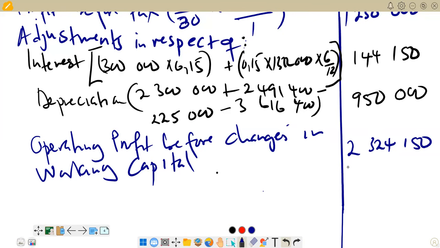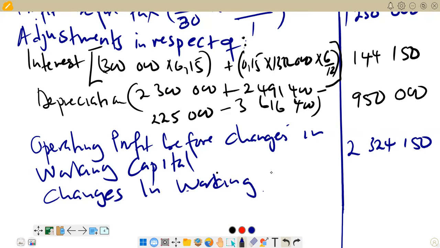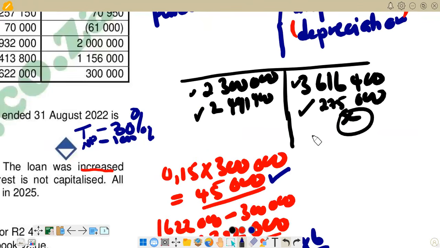And then beneath that, now we are going to adjust for changes in working capital. The changes in working capital, we're going to identify them in the question. But basically, we can start by understanding what we mean by working capital.